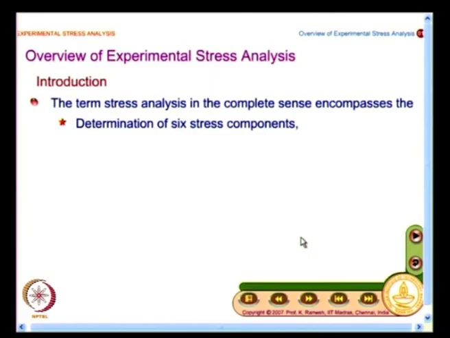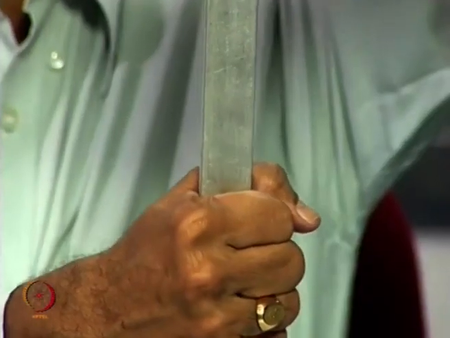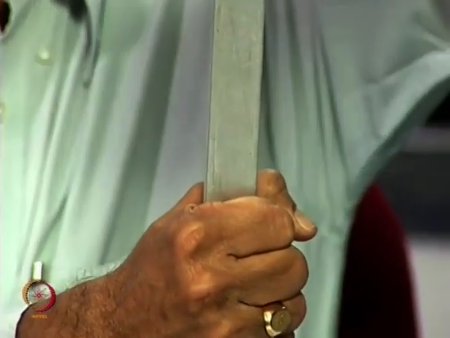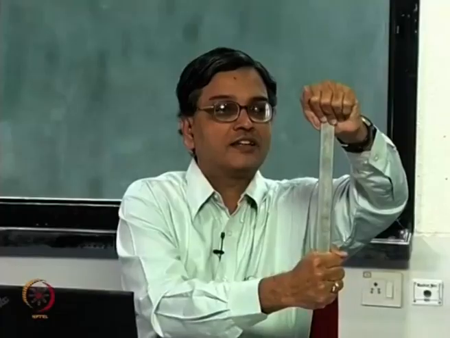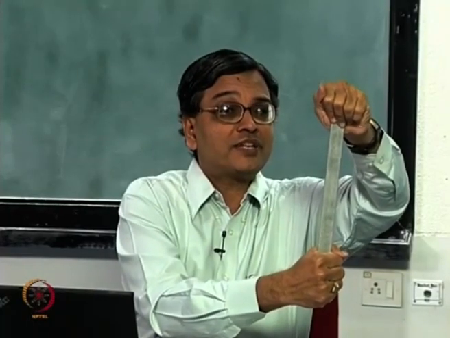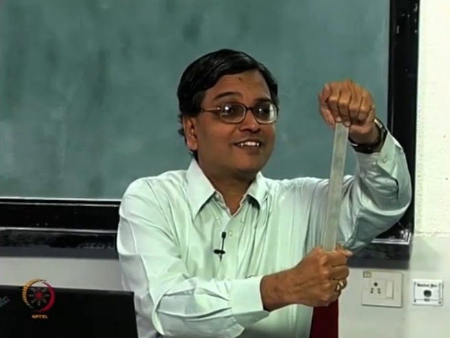Suppose I take a member like this and then apply a tension, you all know the stresses are developed, and what is the value of stress? Someone can answer. Suppose I apply the load as P and area of cross section is A, what is the value of stress? Where are 6 components? You are only saying only one.